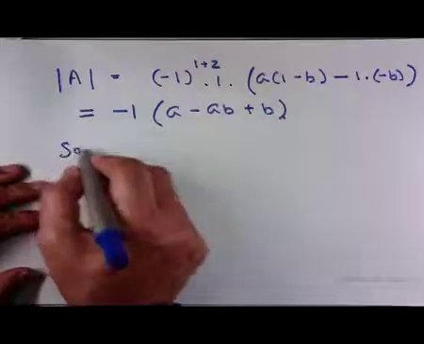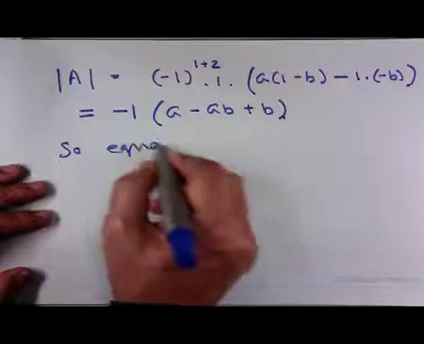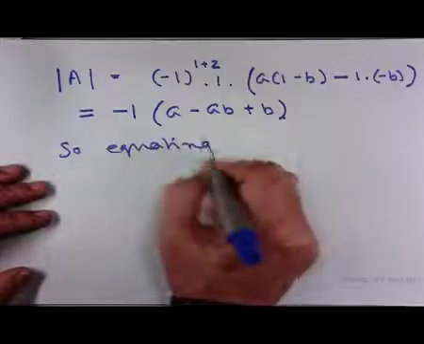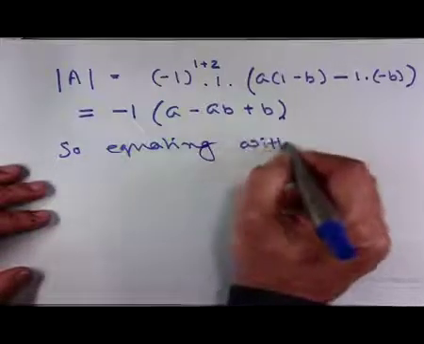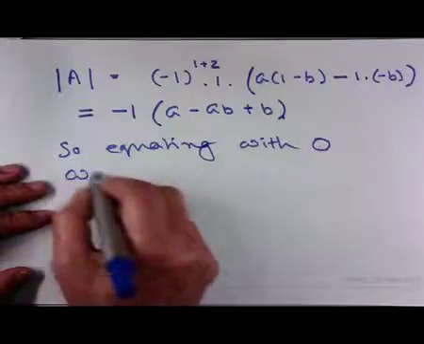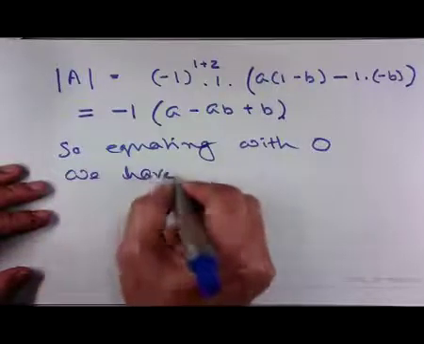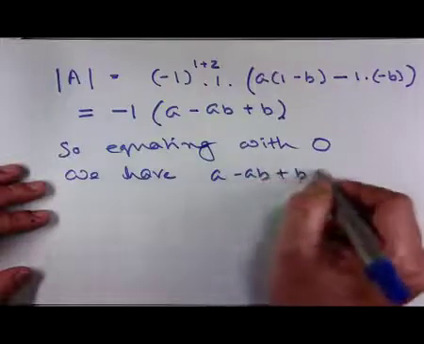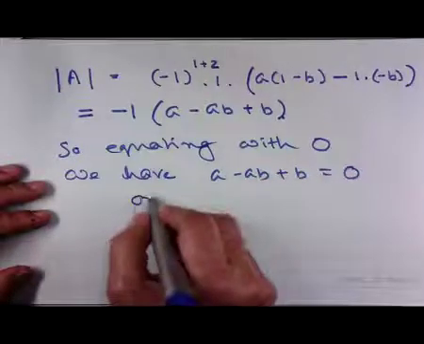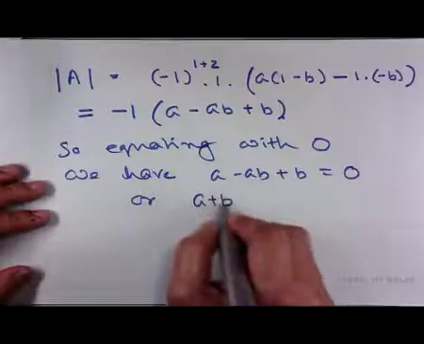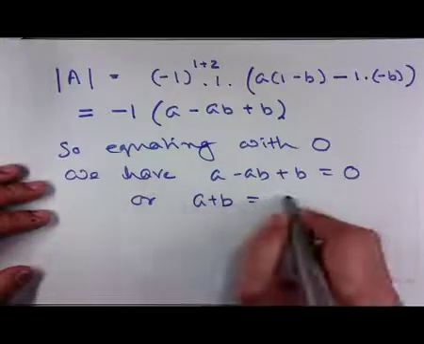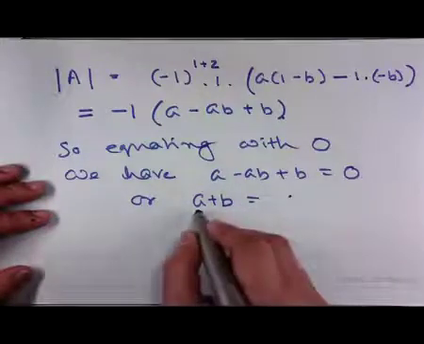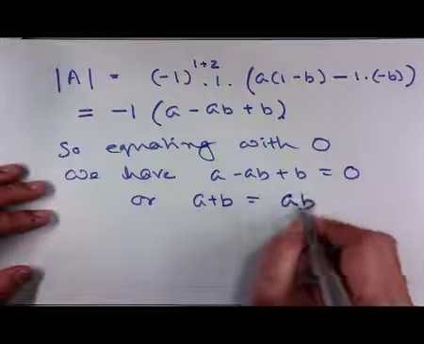So, equating with 0, we have A minus AB plus B is equal to 0, or A plus B is equal to AB. This is what we have been asked to show.